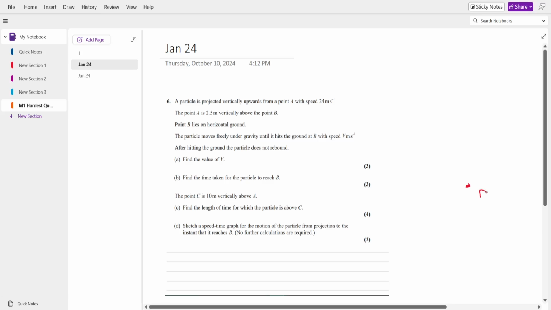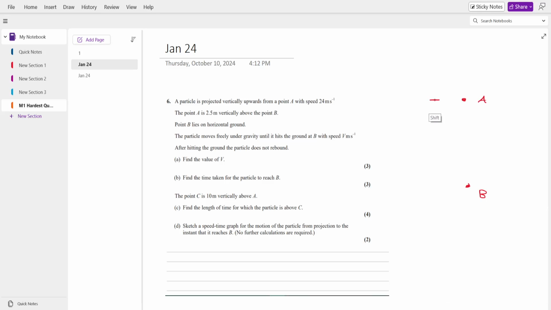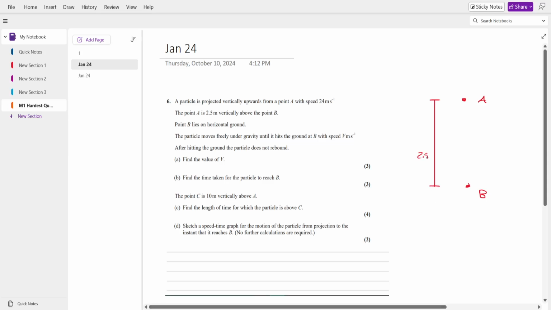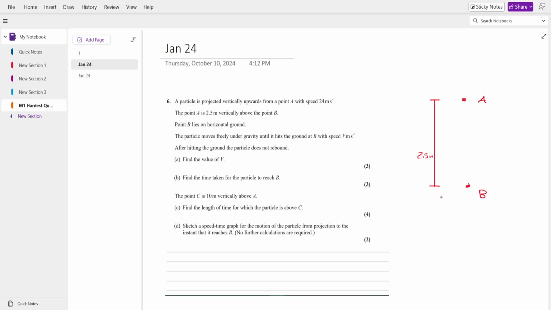So if this is point B, then point A is vertically above B, and the distance between them is basically 2.5 meters. So the particle and B is horizontally on the ground.